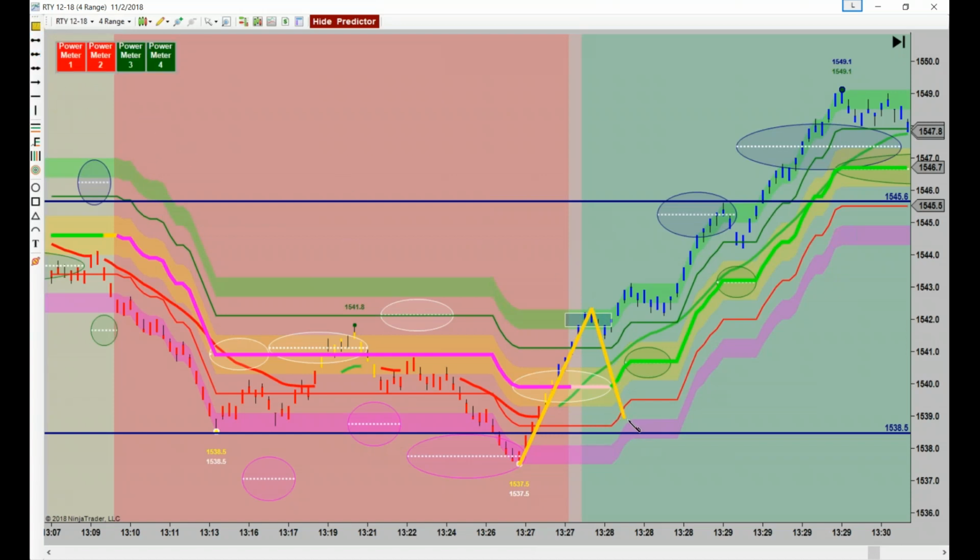See what I mean? That might have been a phantom instead when this turned green. So this is a little tougher to take. I wouldn't recommend this trade. This trade's even iffy, but you can definitely take it if it touches line 6 and bounces off of it. Just be careful with it.